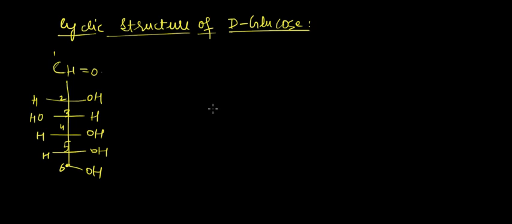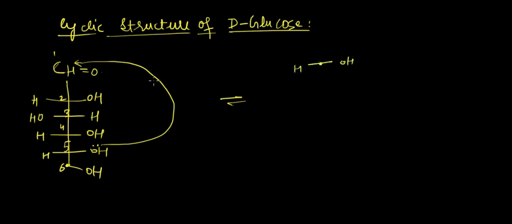Now what actually happens is the OH attached to the fifth carbon atom forms what you can call an ether group by attacking this carbon atom, and as a result we'll get something like OH and H here.